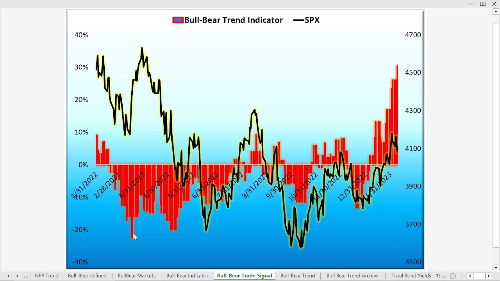In the past, we saw, for example, March of 2022, as the S&P 500 was enjoying a really precipitous drop to the downside, the bull-bear trend indicator hit a level of minus 22%. We then had a very sharp rise in July, August of last year, but the bull-bear trend indicator did not show a tremendous amount of strength.